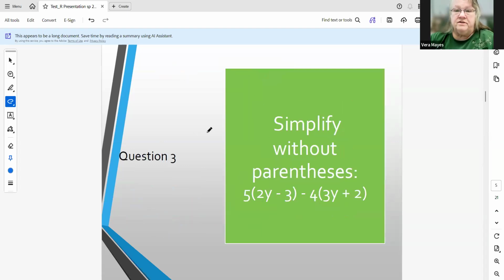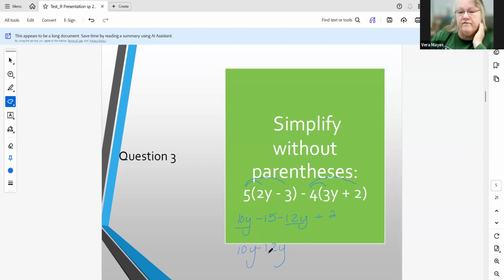The next question is again about parentheses. So we're going to go ahead and distribute in both cases. And again, you notice we've got some negatives and some positives. So we've got a 10y minus 15. Distribute the -4. And again, I'm going to regroup with like terms. So 10y minus 12y.